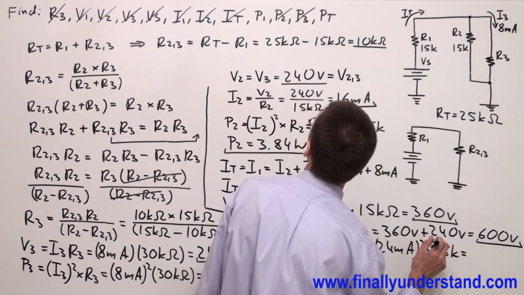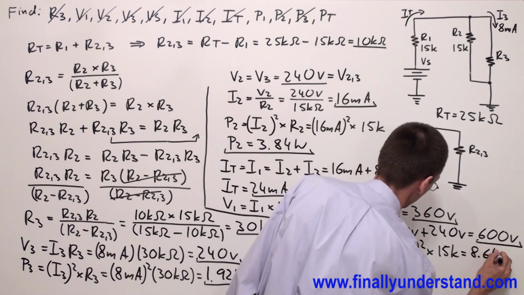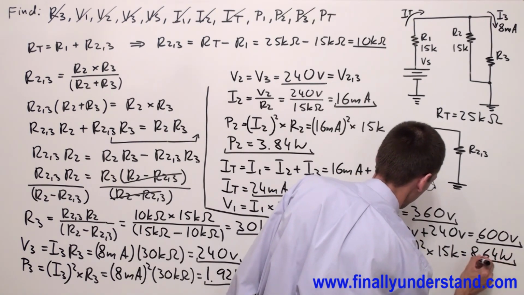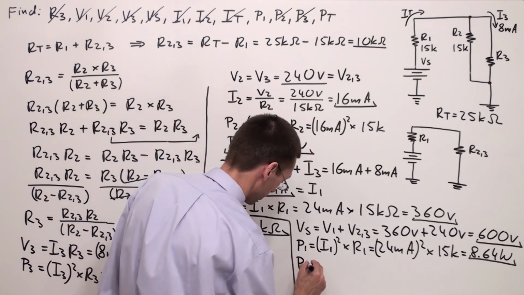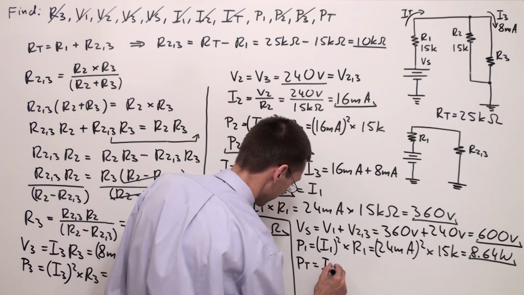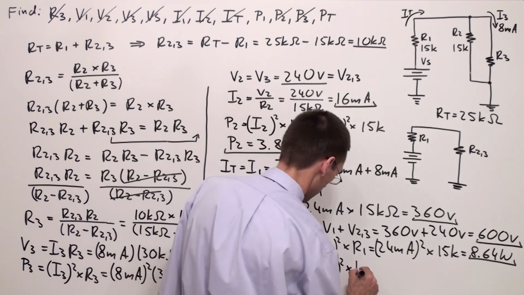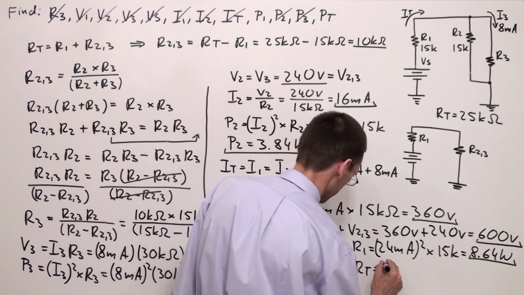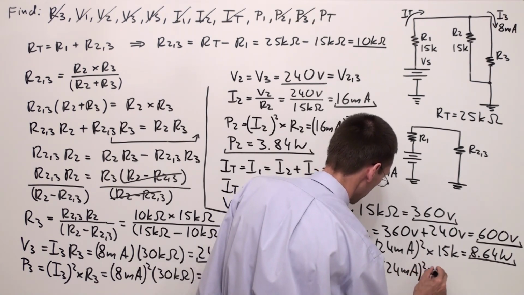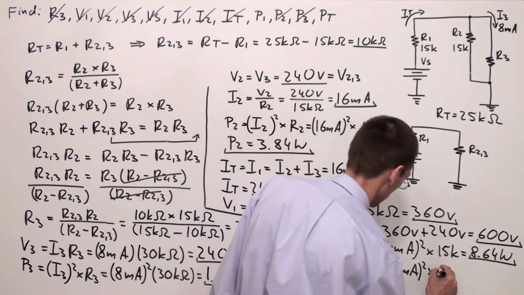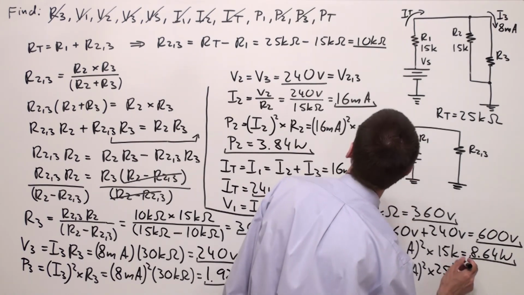Everything is equal to 8.64 watts. Okay. Next we can find P total. P total is equal to I total squared times R total. So this is again 24 milliamps raised to the second power times R total, which is equal to 25 kiloohms.